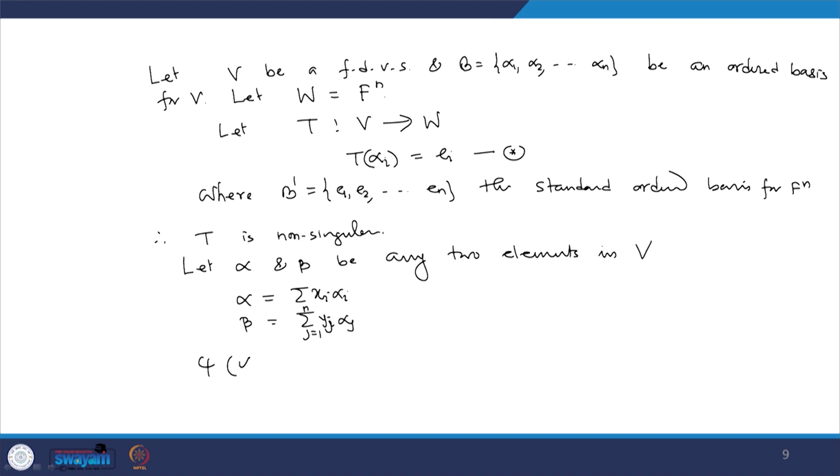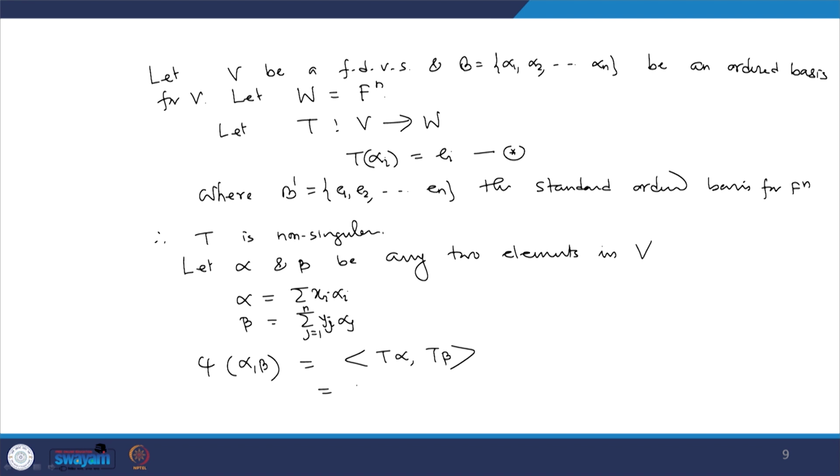Now, if I consider psi of alpha, beta, according to my definition, this will be equal to the inner product of T alpha and T beta. This is equal to, if I consider the inner product in Fn as the standard inner product, which I considered in the beginning, then the inner product of T alpha and T beta.